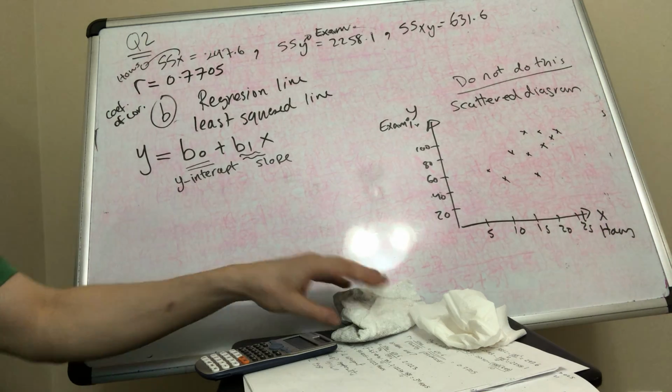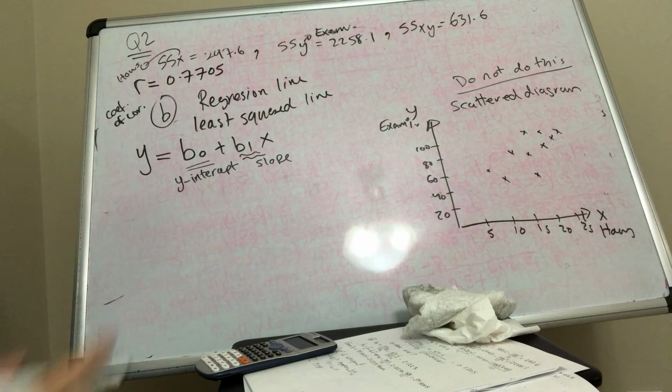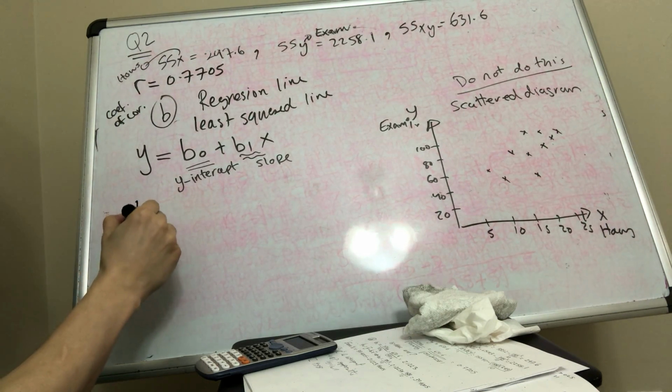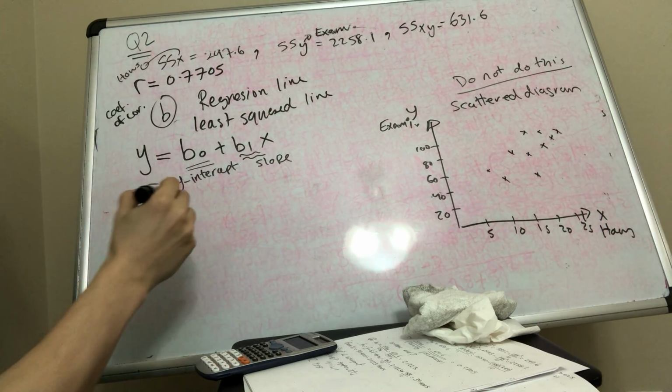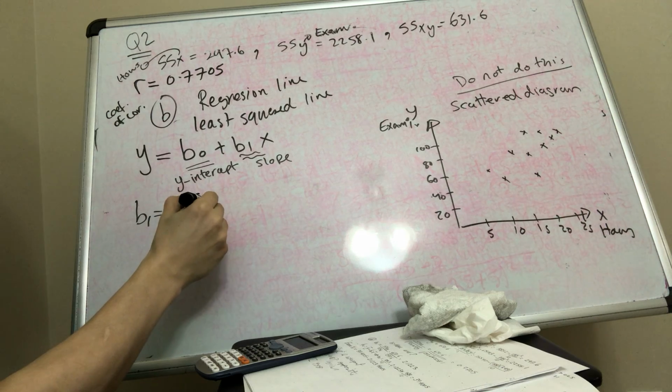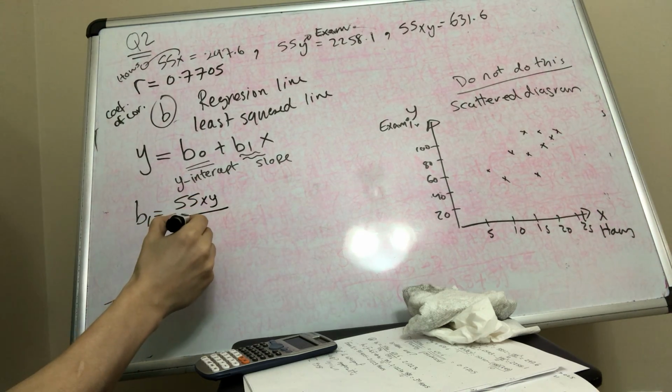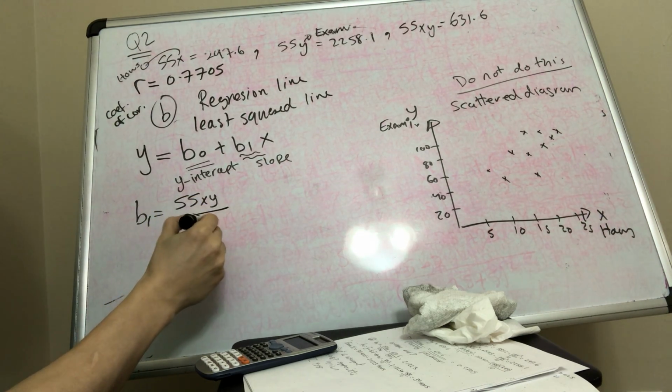To actually calculate this, we start with calculating the slope first, and that's SSXY over SSX.